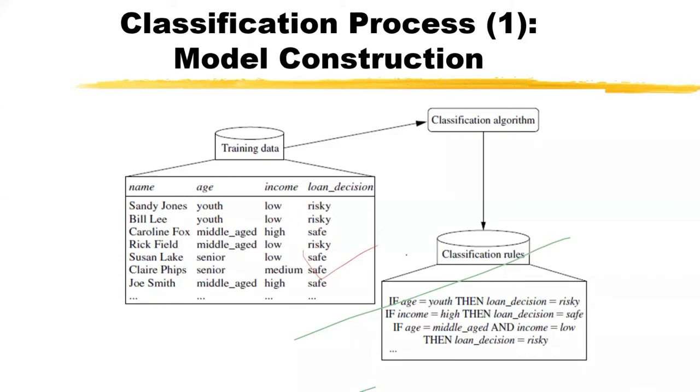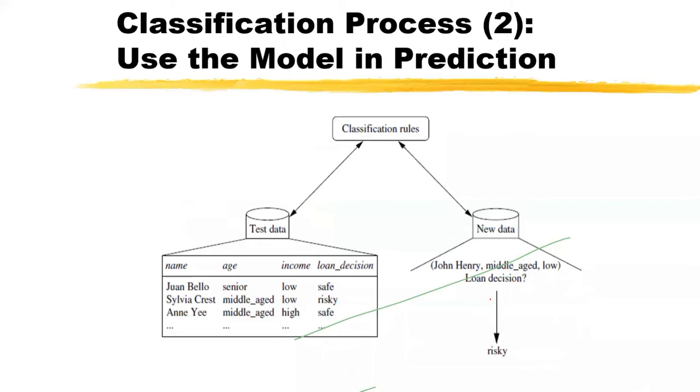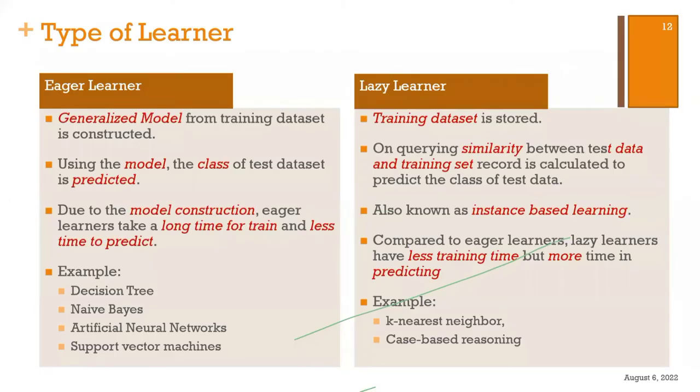Based on your income, we want to determine whether you have a risky loan status or otherwise. You can see the rule is becoming complicated. If age is youth, then loan decision is risky. If income is high, then loan decision is safe. So you have a hypothesis function represented by this system. This is how it works, and then you can do the testing.